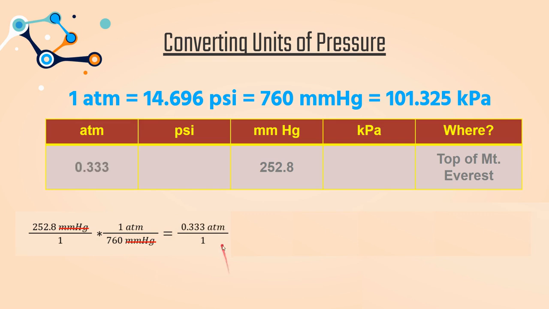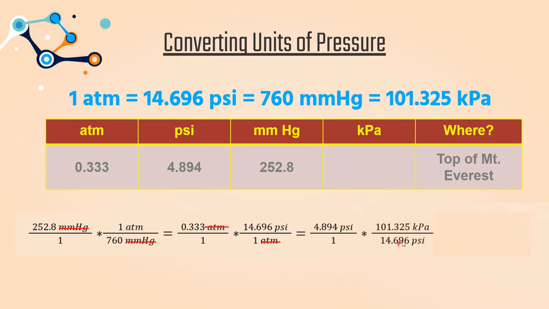We might as well take this value in ATM and do the same thing. 1 ATM is equal to 14.696 psi. Those units of ATM cancel, and we're left with 4.894 psi. That pressure is equivalent to the other two in the table. Finally, let's convert from psi to kPa.